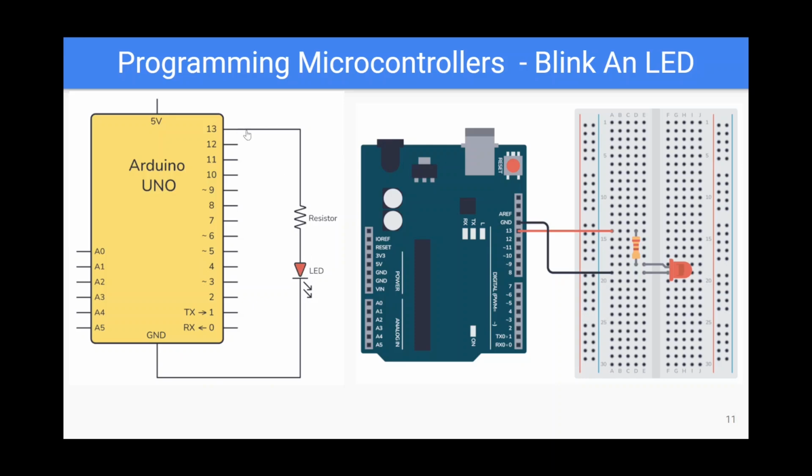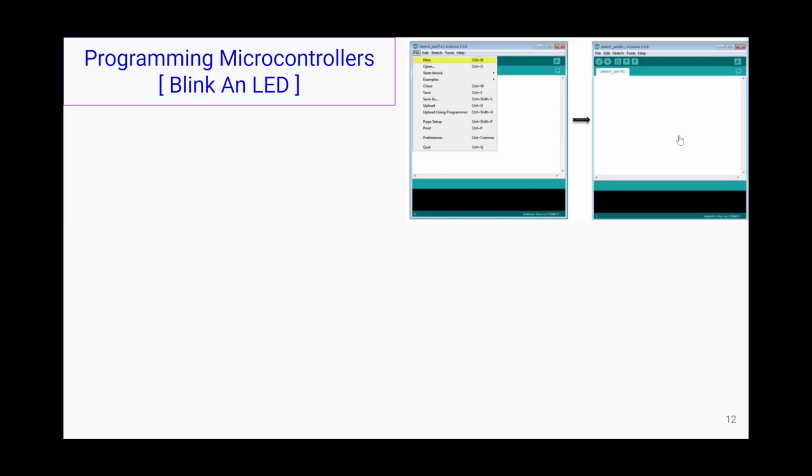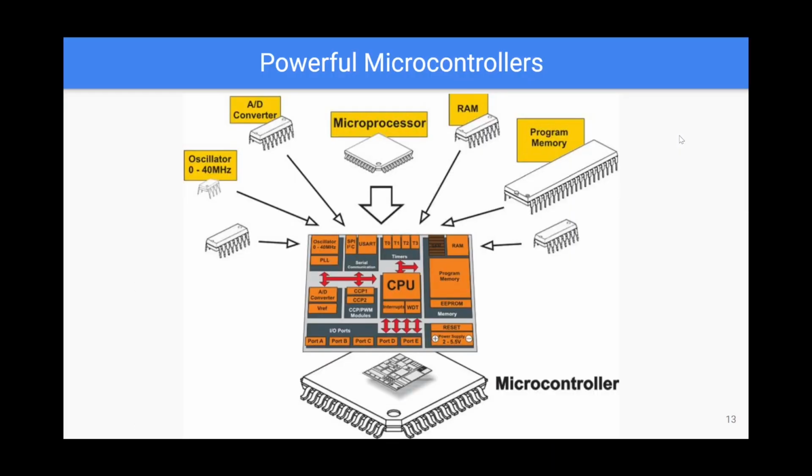When this side is 0, there won't be any current flow, and that's why it will be off. So after every 1 second this LED will be blinking on and off. So this is the example of a blinking LED using Arduino IDE.